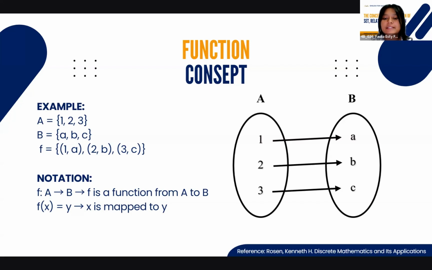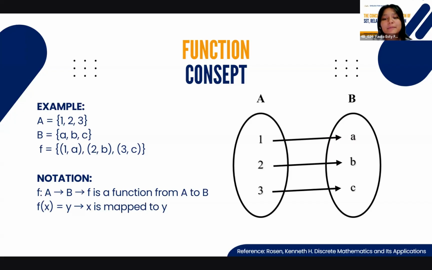No, not always. Range is only part of the codomain. Alright, now did you understand these terms? Let's see the example. A is {1, 2, 3}, and B is {a, b, c}. And the function is {(1, a), (2, b), (3, c)}.